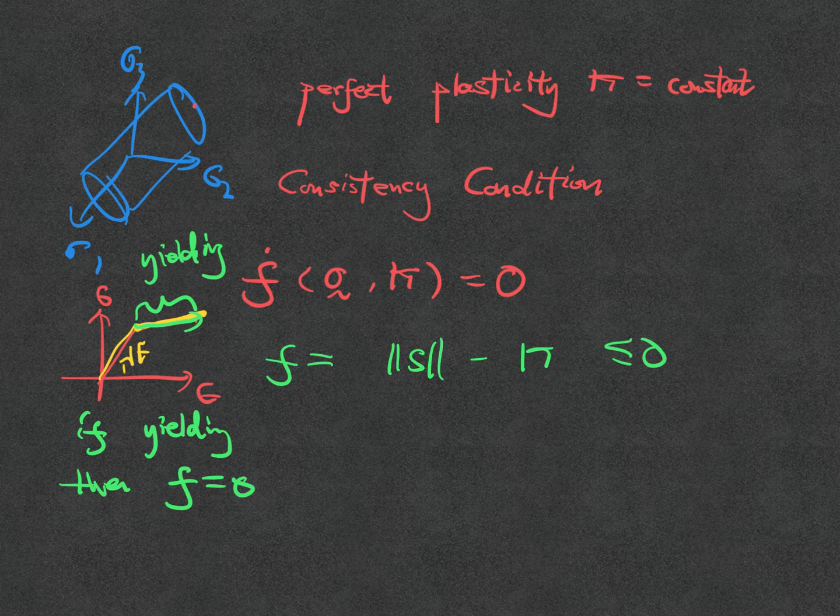Now I take the time derivative, okay? So F dot is actually equal to the partial derivative of the yield function with respect to the stress tensor, times the stress rate tensor. This is, again, coming from calculus.